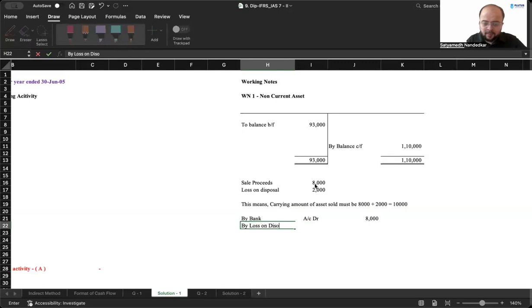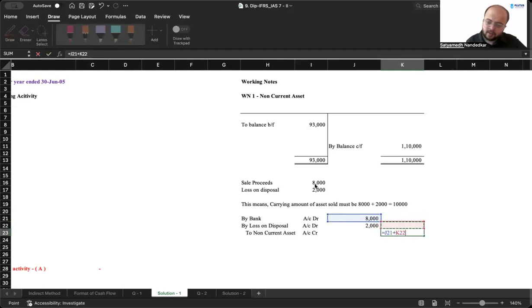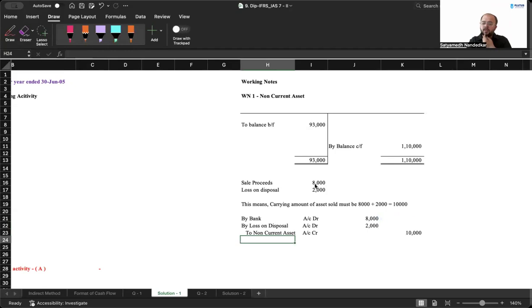So by loss on disposal account debit, 2,000, and credit what goes out? The non-current asset is going out. So to non-current asset account credit, 10,000.